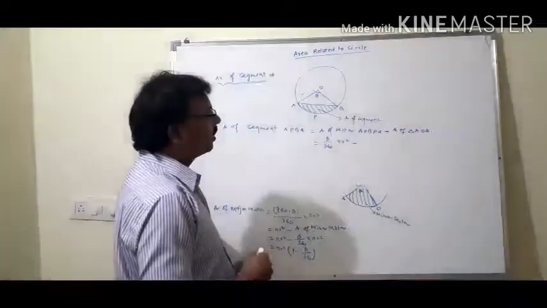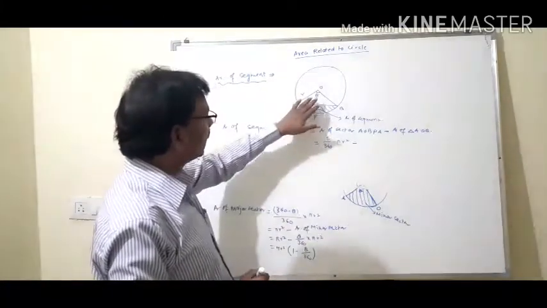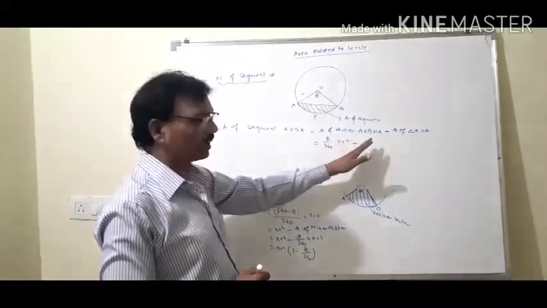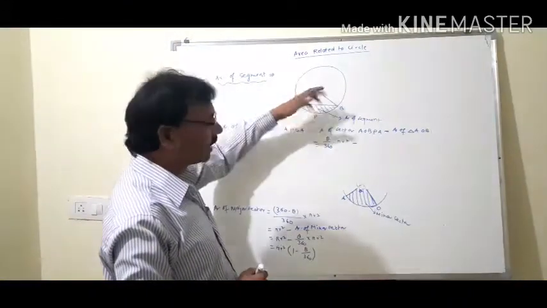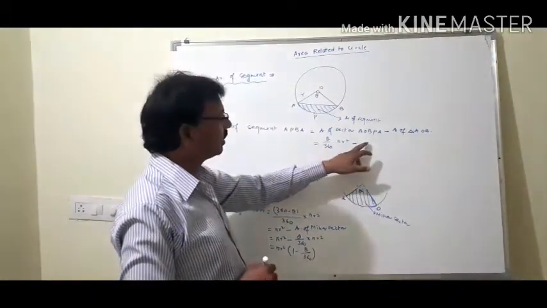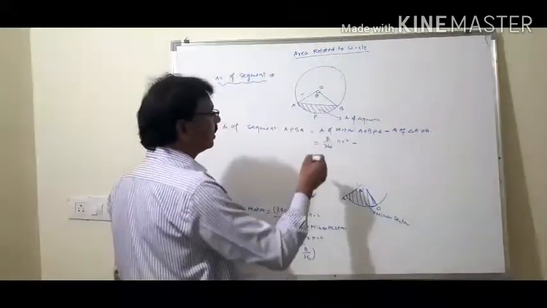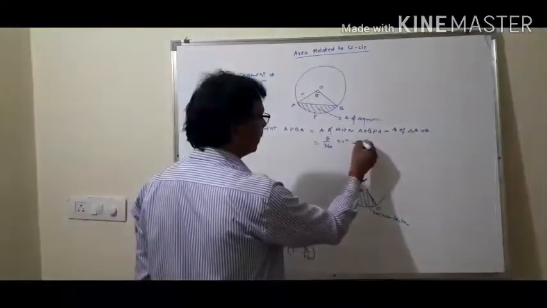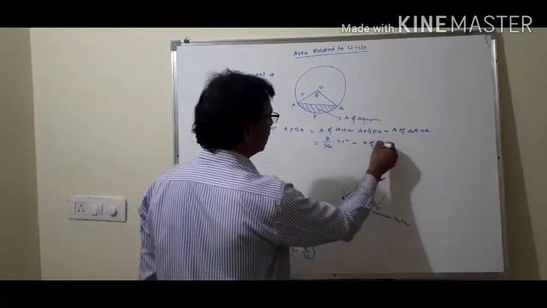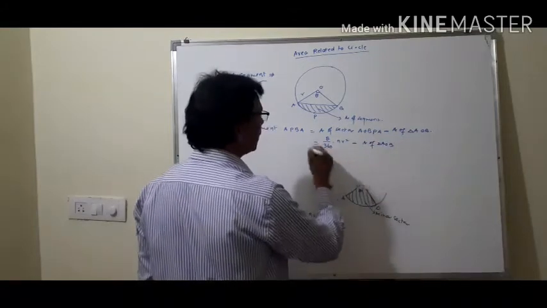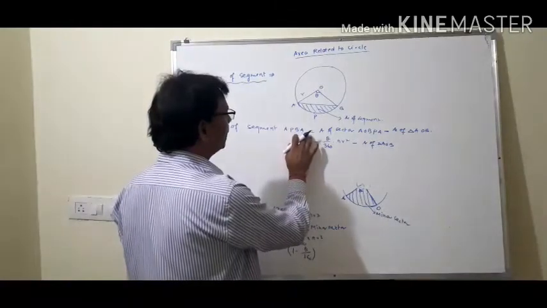Now we should identify which type of triangle this is. If this triangle is equilateral, then we should apply the area of an equilateral triangle. If this is a right angle triangle, then we should apply the area of a right angle triangle, or another. That means we write in general form the area of triangle AOB. This gives the area of segment APBA.